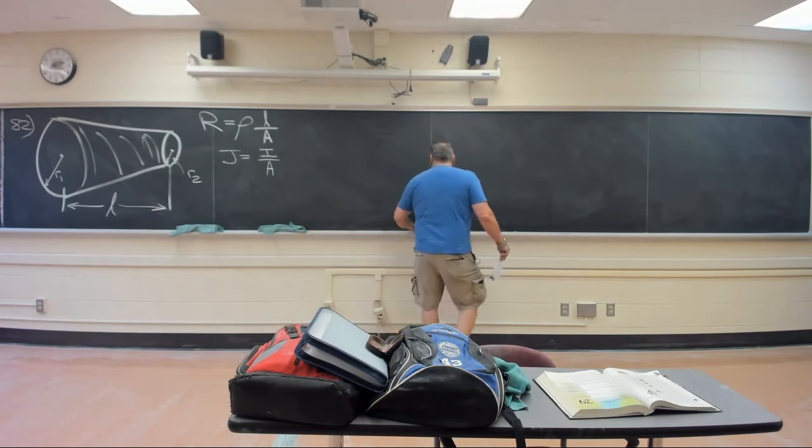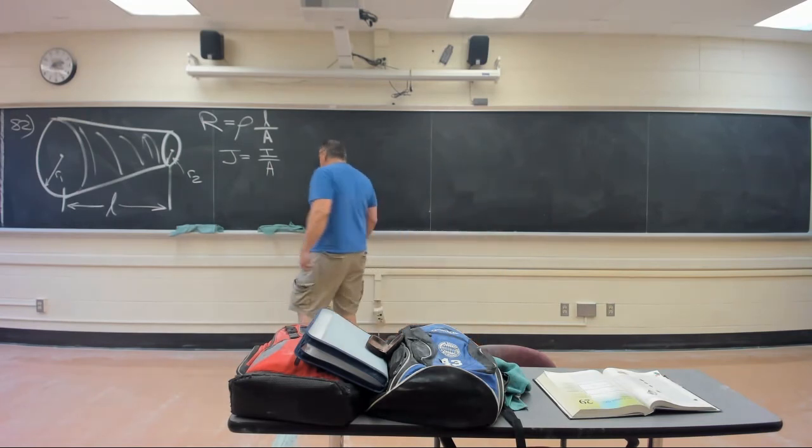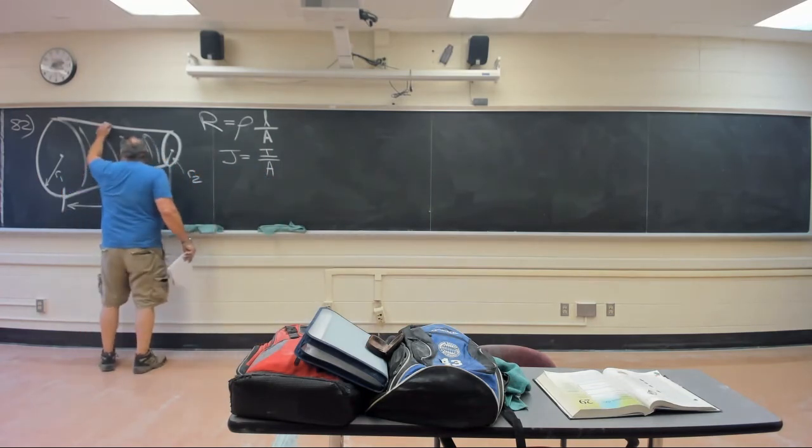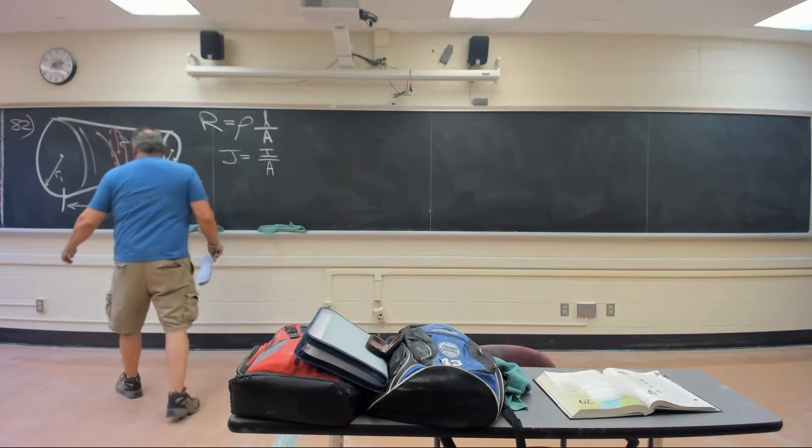We can find a general formula for the radius, the general radius r. How can we do that?